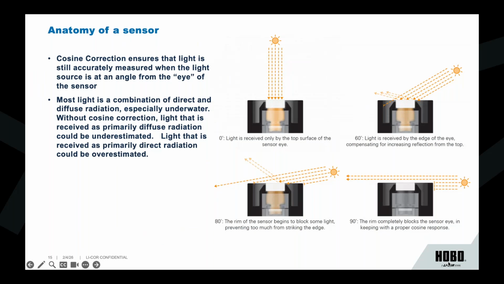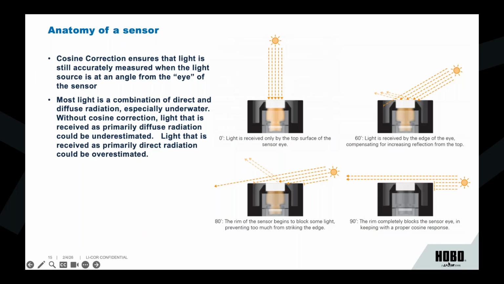The sun is not always directly overhead, obviously, or your LEDs that you're growing your tank with are not always directly overhead for every part of the tank. So we need to be able to compensate for direct and diffuse light with a cosine correction.